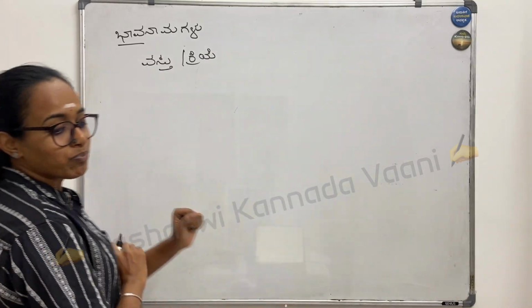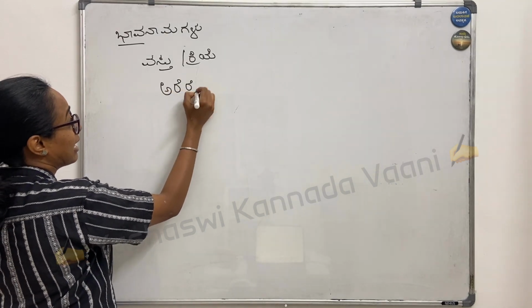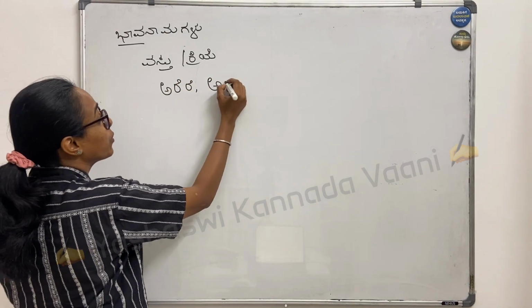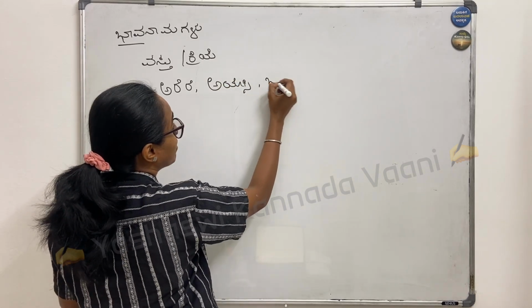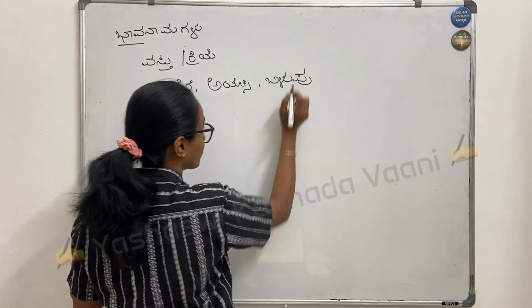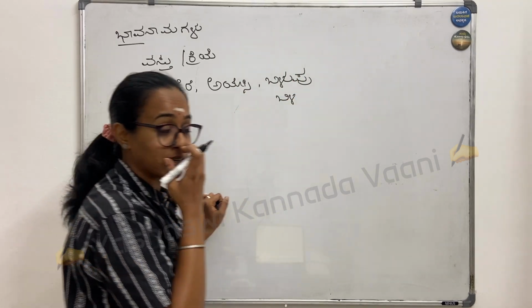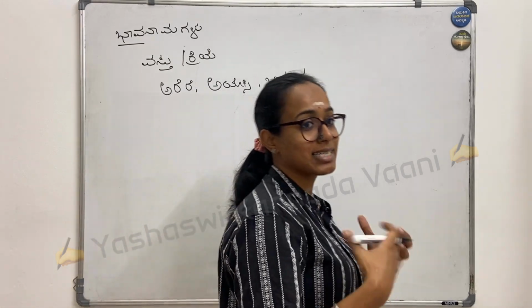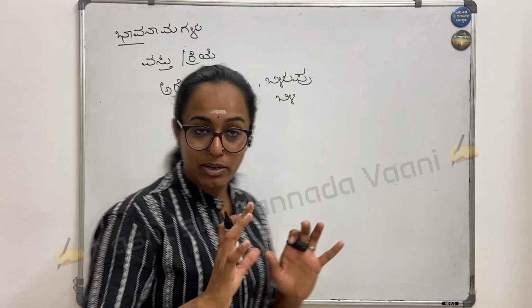As of now, just remember it with examples. For example, words like arare, ayyo. Then a word like bilupu. Bili is the white color, and bilupu, the whitish color, will come under bhavanama. It needs a separate understanding actually, so we are not going into the detailing of bhavanama right now.